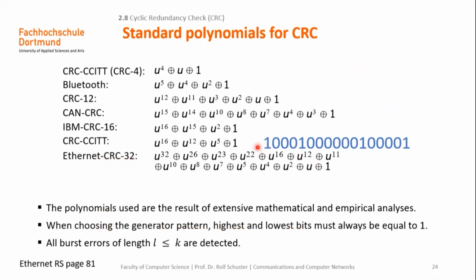And if we use a polynomial generator pattern like this, we could detect burst errors of length 16 bits with 100% efficacy.